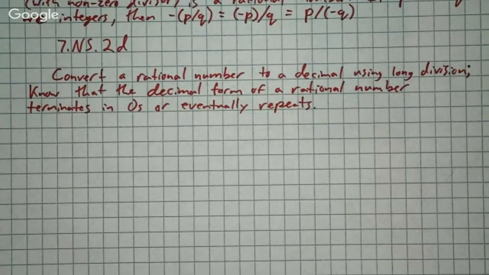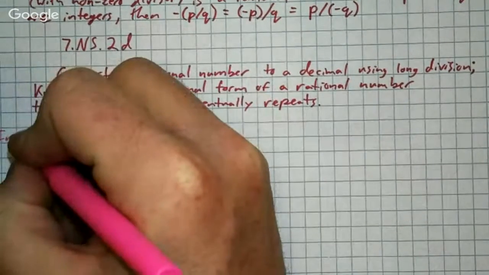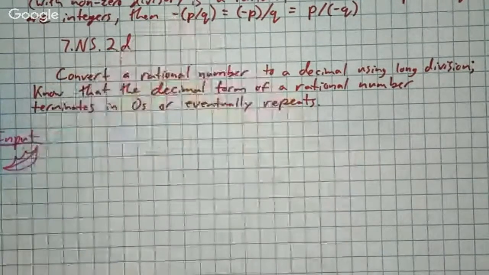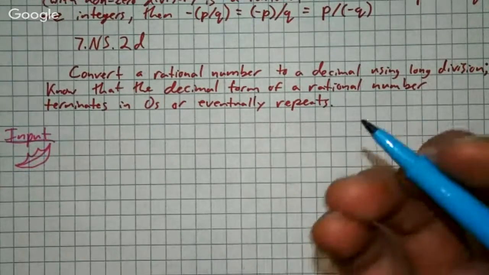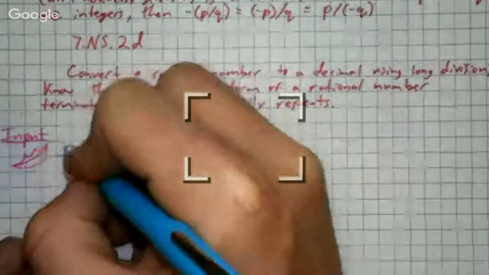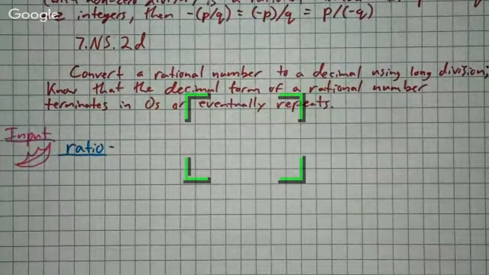Now let's get into our input and our language of the discipline. All right, so we have three languages of discipline we're going to talk about today. The first one is ratio. I know you've heard that word before.